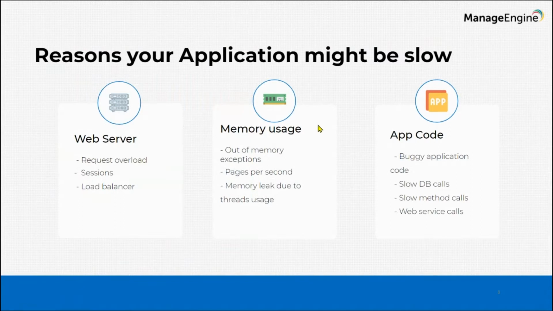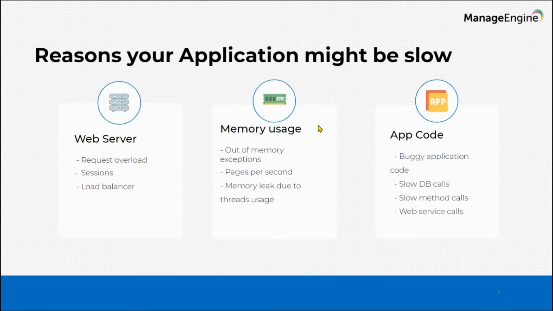So let's start with the web server. A web server might be overloaded, which causes slowness to your application. Misconfigurations due to a load balancer, out of memory exceptions occurring due to buggy code, and memory leak due to a high number of threads usage, and a DB call which is causing a performance impact to a specific transaction, and most importantly, the buggy application code, which is completely responsible for your application slowness.